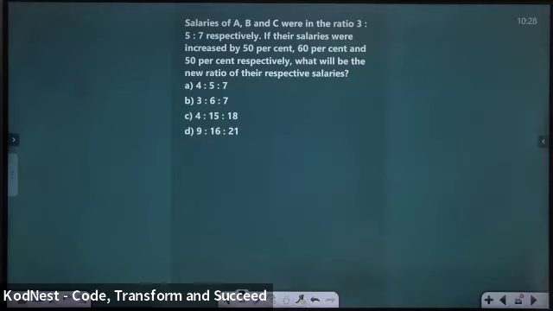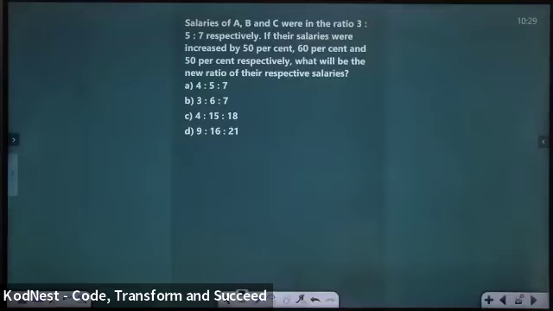Yes, I will explain. Just my discharge is there. That's why I'm giving you time to solve it. Okay, salaries are given in the ratio 3:7. Salaries are increasing also, so the ratio will change.